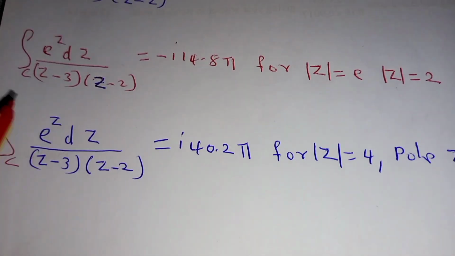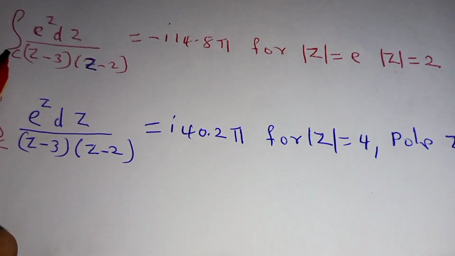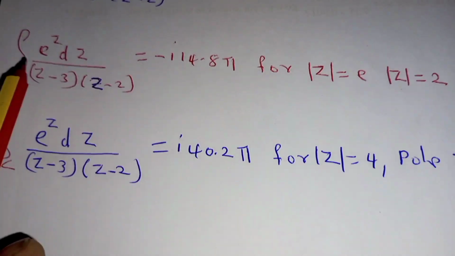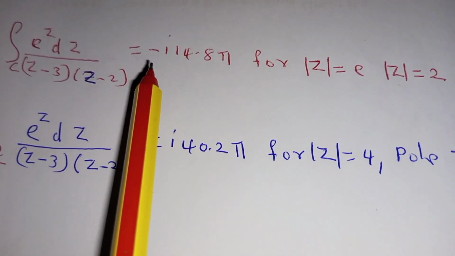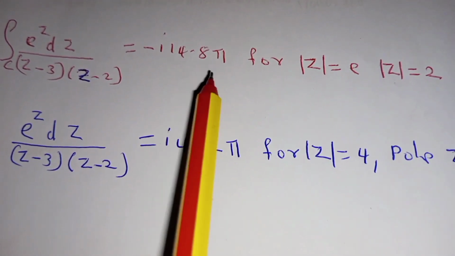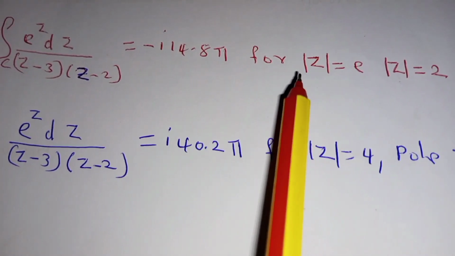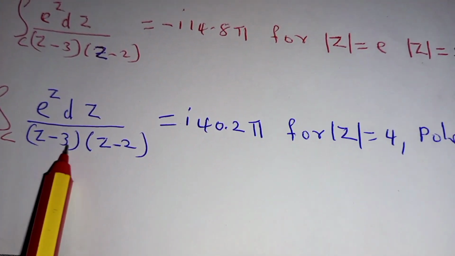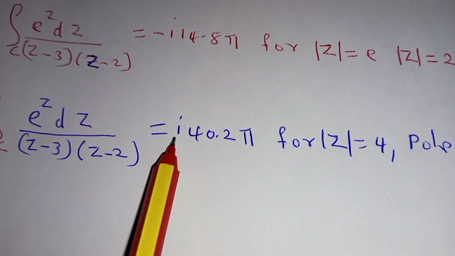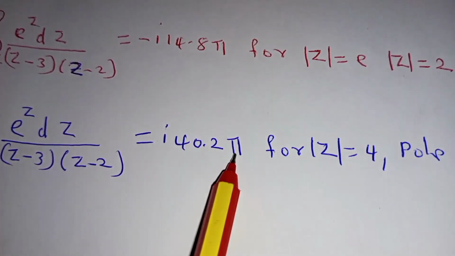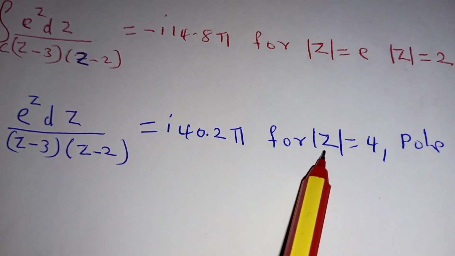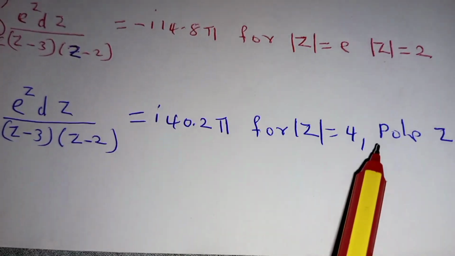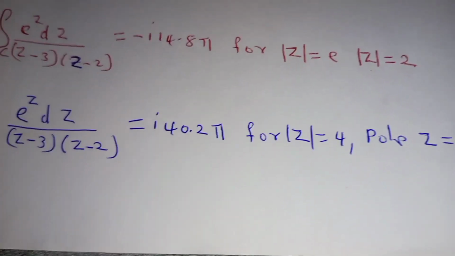So our solution is as follows. The integral of this complex function is equal to negative i 14.8 pi for this contour at the pole z equal to 2, and for this other case it is i 40.2 pi for the contour |z| equal to 4 where the pole is equal to 3.